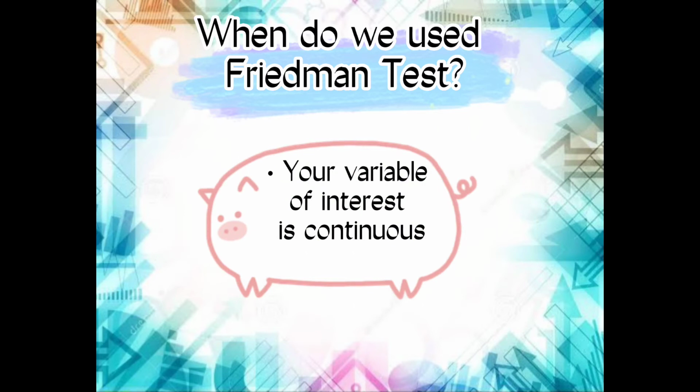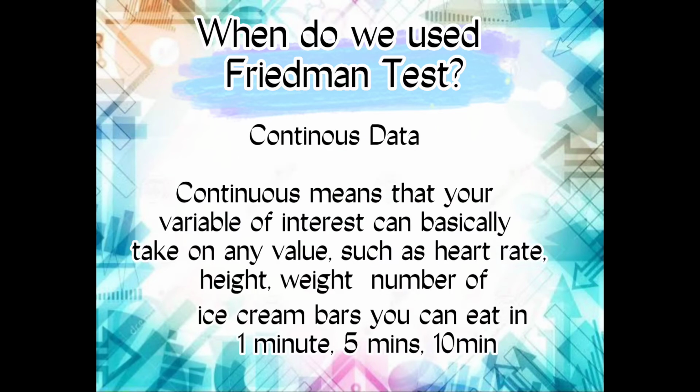Your variable of interest is continuous data. Continuous means that your variable of interest can basically take on any value such as heart rate, height, weight, number of ice cream bars you can eat in 1 minute, 5 minutes, or 10 minutes.